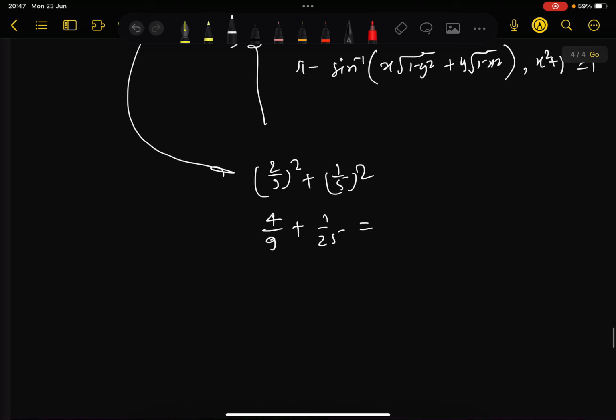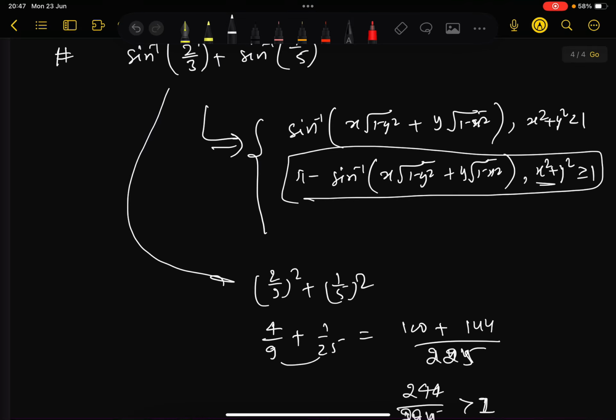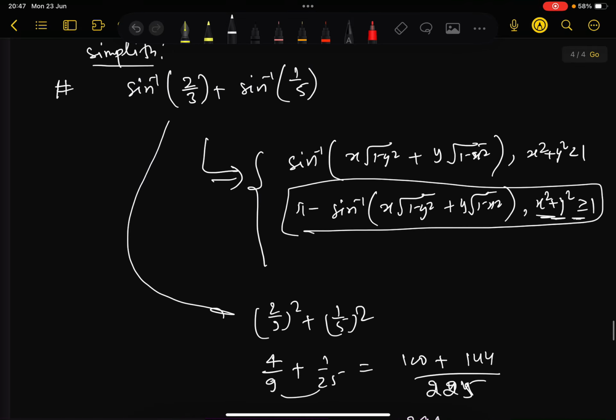This will become 25 into 4 is 100 plus 9 into 1 is 9, and 25 into 9, that is 225. So clearly you can see this is greater than 1. That means we are going to use the second formula, where x square plus y square is greater than or equal to 1.